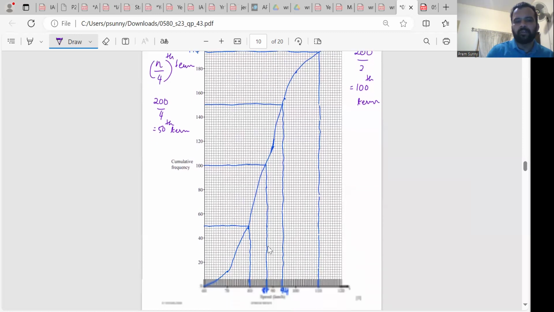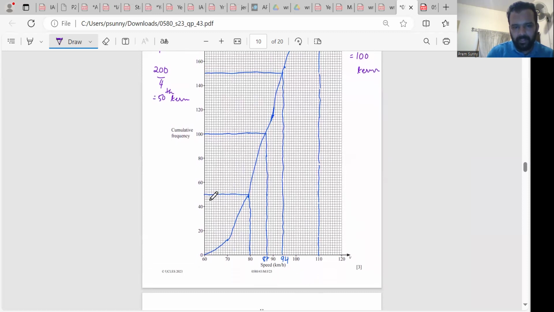Same as for the median, go to 50, draw a horizontal line using a scale until it touches the cumulative frequency diagram. From there, draw a vertical line. I got the lower quartile as 80.